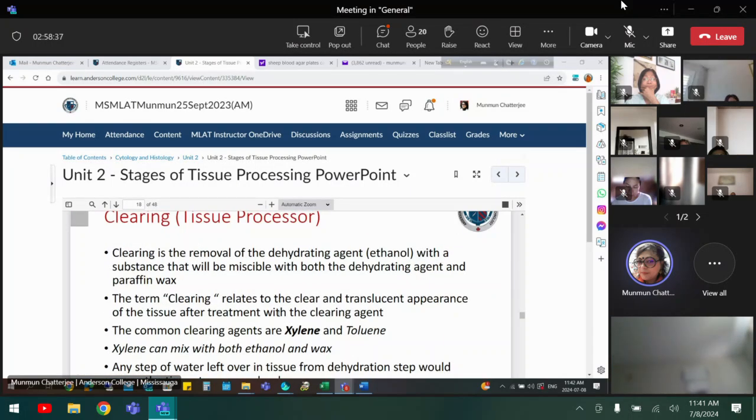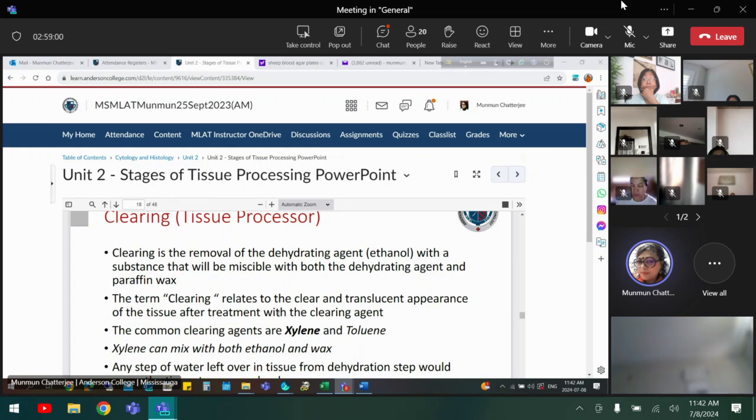So clearing is the removal of the dehydrating agent, the ethanol, with a substance that is miscible with both the dehydrating agent and the paraffin wax. So you are going to remove basically all the water. Dehydrating means removing water so that paraffin wax can infiltrate those areas.